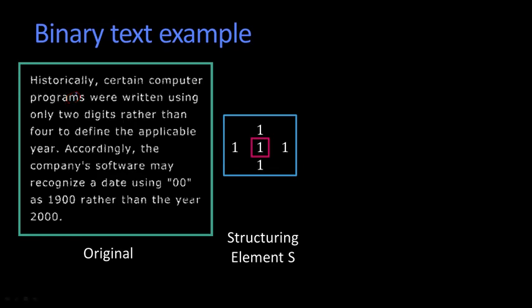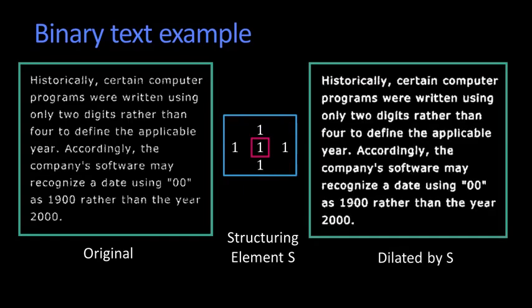So if I use a structuring element that looks like this, that essentially says if I touch anybody to my right, left, up, or below, I want to turn on the pixel. And when I do that, you get a much better result, right? It's much easier to read the one on the left than the one on the right. The one on the right might be uglier because it doesn't look so crisp, but there's no question about reading it.